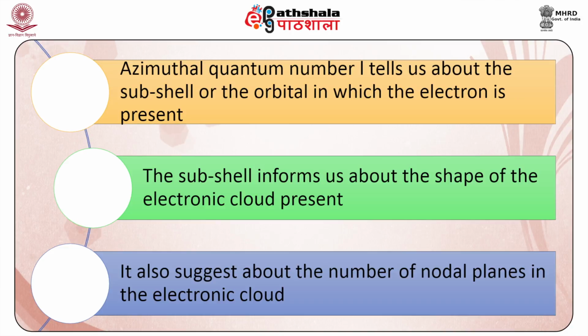The next quantum number to be discussed is the azimuthal quantum number, represented by the small letter l. It tells us about the subshell or the orbital in which the electron is present. The subshell informs us about the shape of the electronic cloud. It also suggests the number of nodal planes in the electronic cloud.